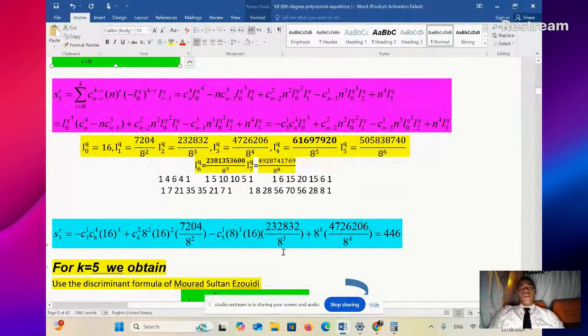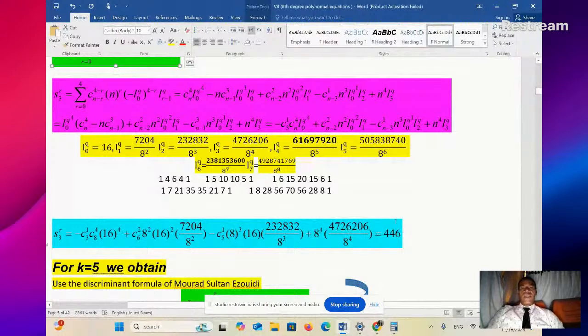You see this is 8 also against it, times 16 times 260,832 plus 1. You see 8 raised to the power 4 by 8 raised to the power 4. No need to type into the calculator, because it's going to be 1 times 4,746,206.